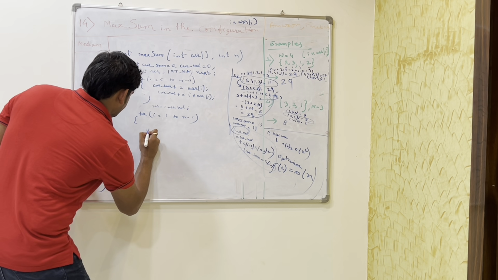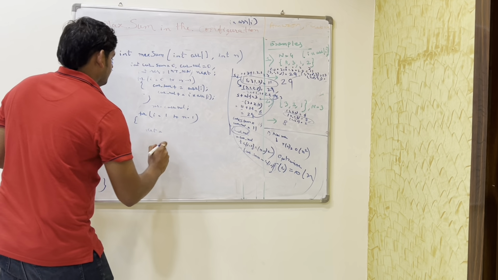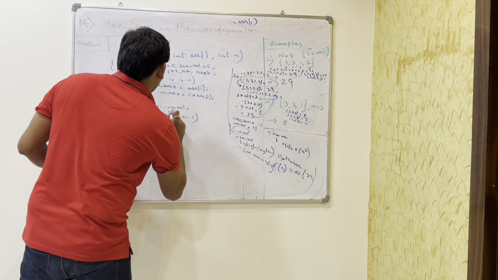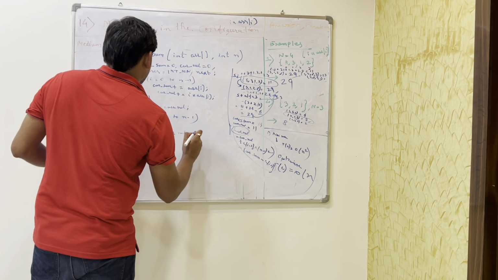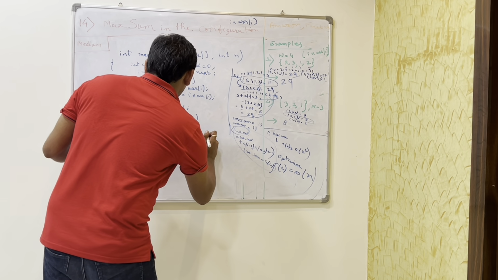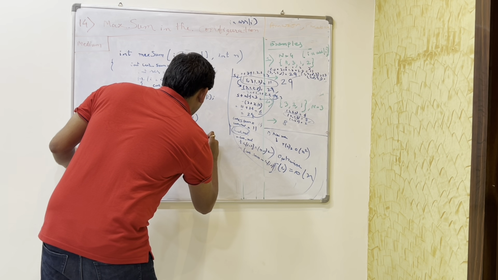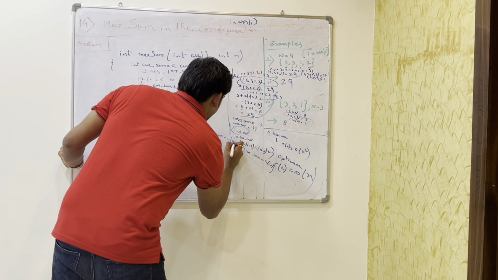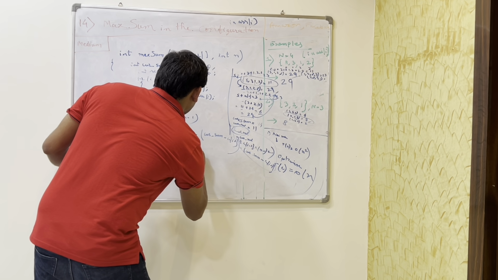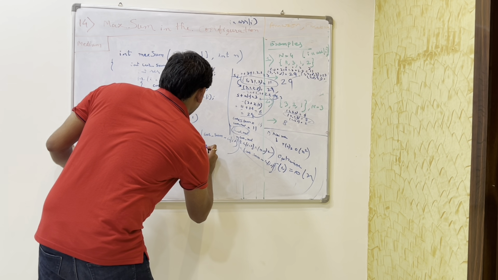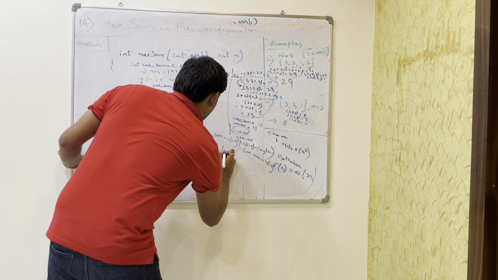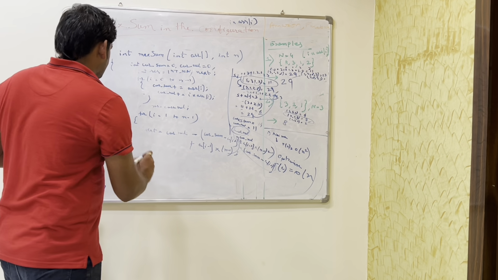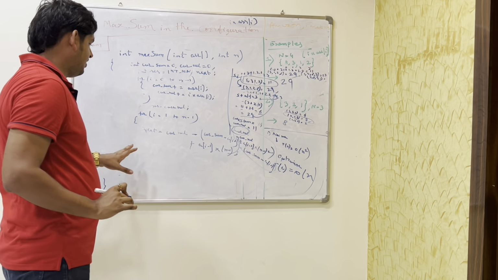So next would be the current value, whatever we got, minus current sum minus a of i minus 1. We have got this, and then a of i minus 1 into n minus 1. So this will give us the next value, whatever the next value is.